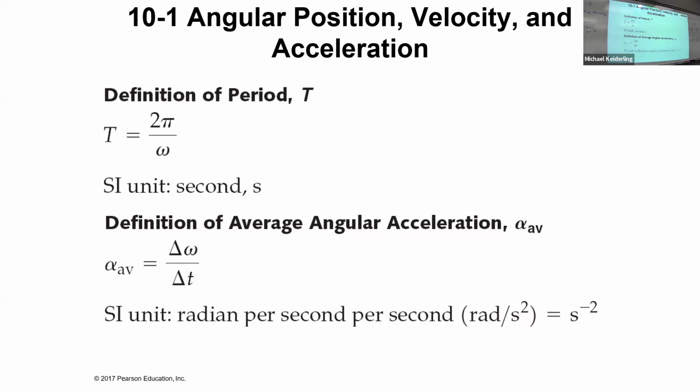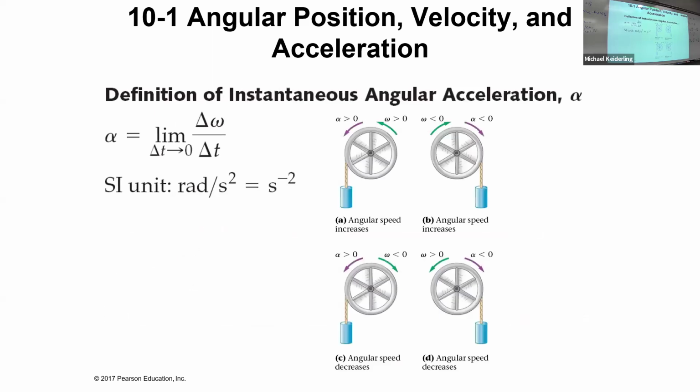And the unit for this is radians per second squared, or just inverse seconds squared, seconds to the minus 2. Now, instantaneous is, of course, going to be that derivative, the limit.